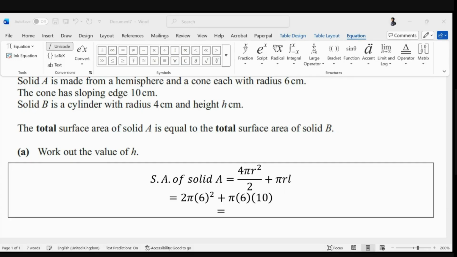Yes, children. Can anyone tell me the surface area that you end up with?